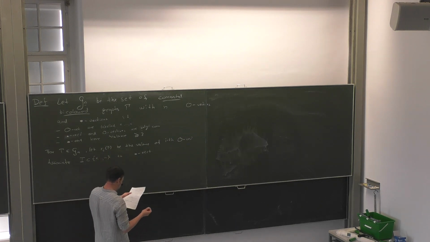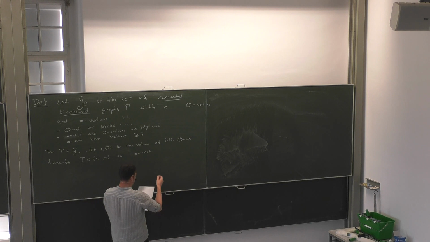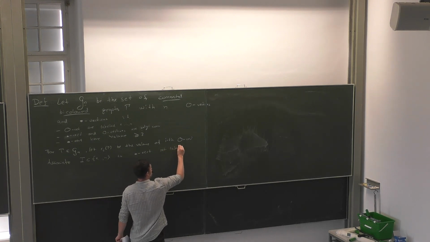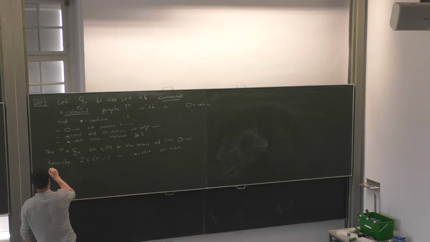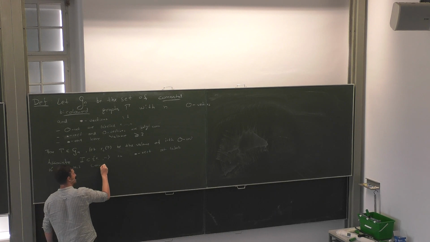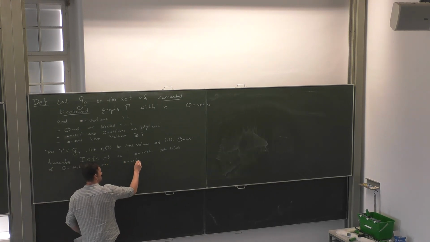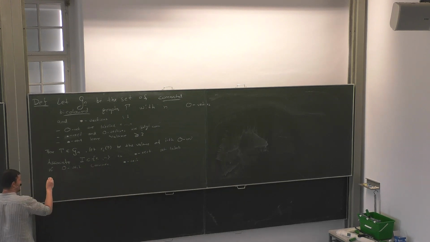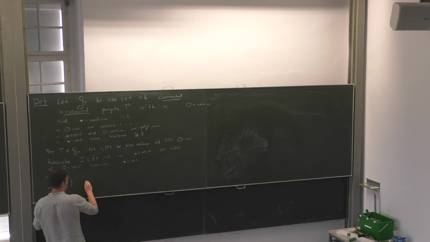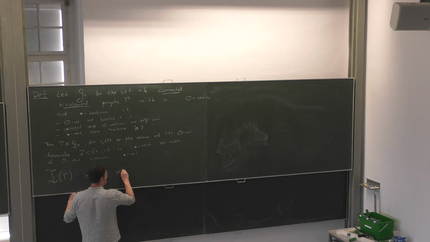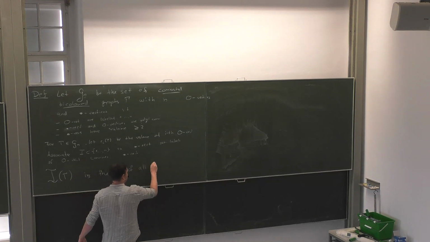So this is the set of labels of the circle vertices connected to the black one. And this I of gamma is the set of all I.